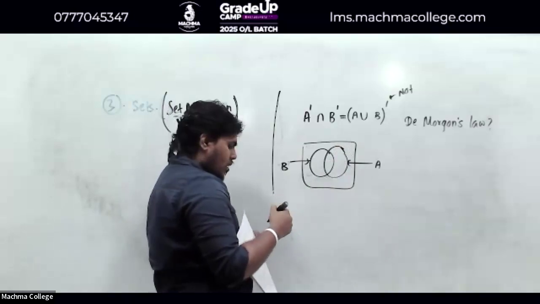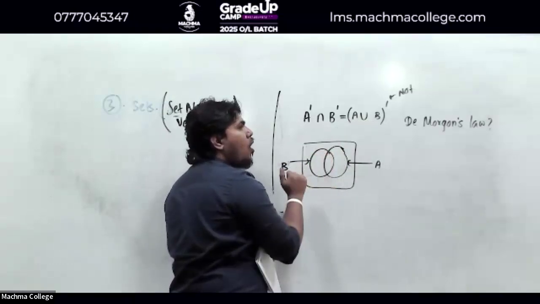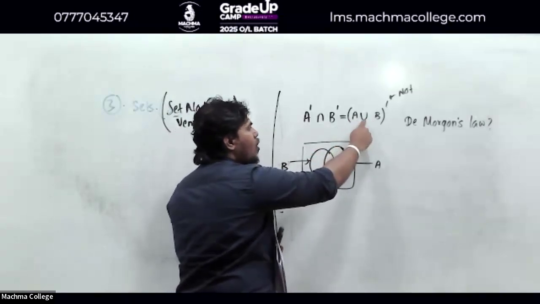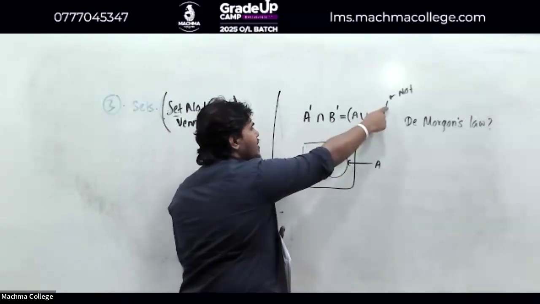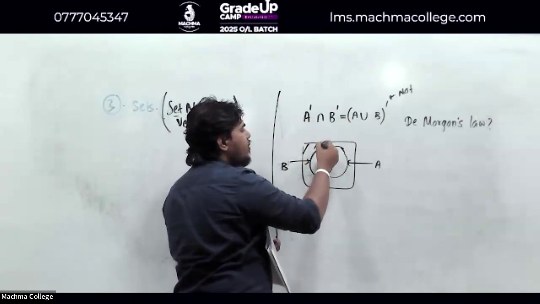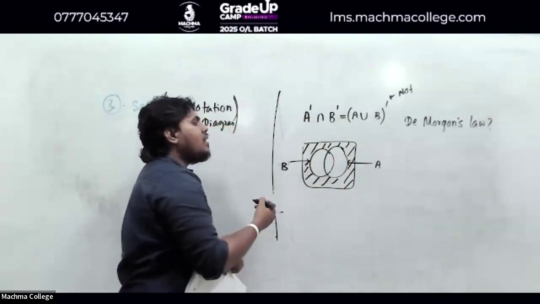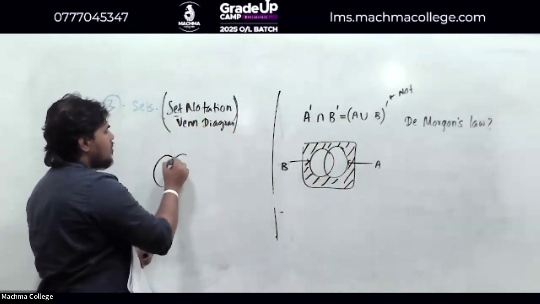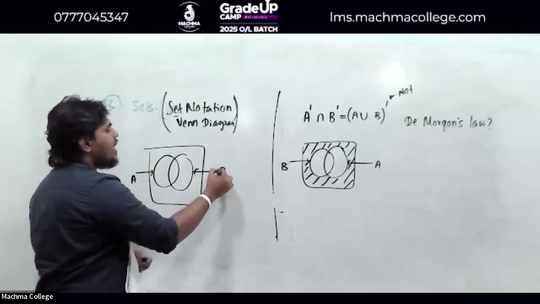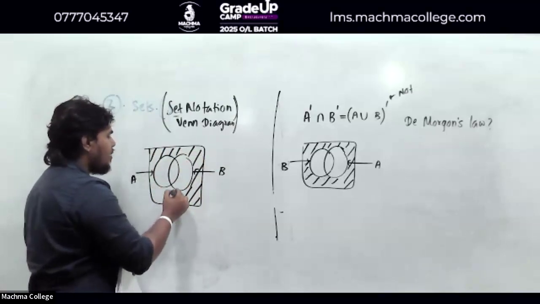Union means all of A and all of B. Complement says not that, which means outside of it. So this is the region you have to shade. Shade it in the sense that drawing these kinds of stripes is more than enough.